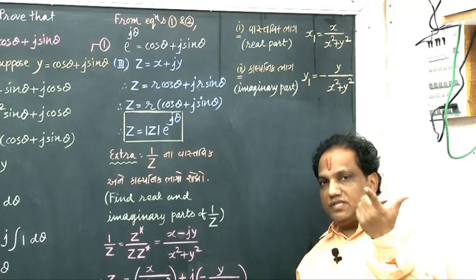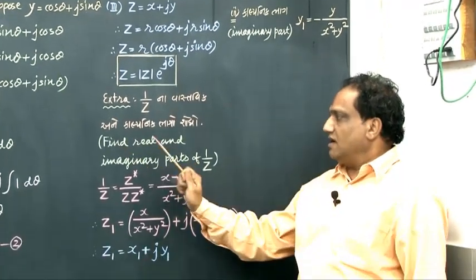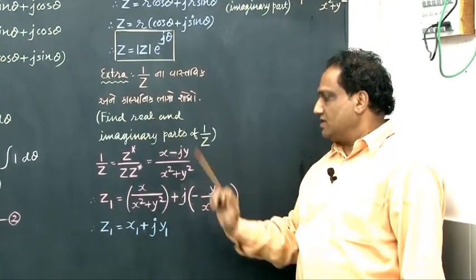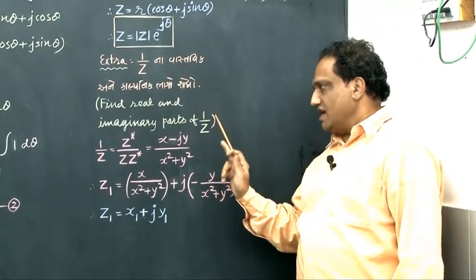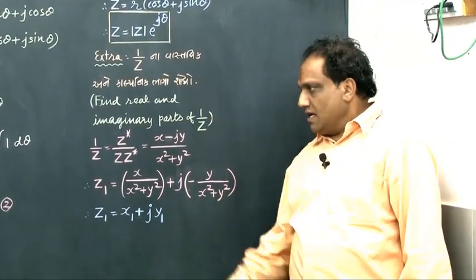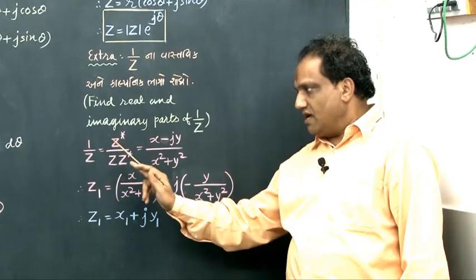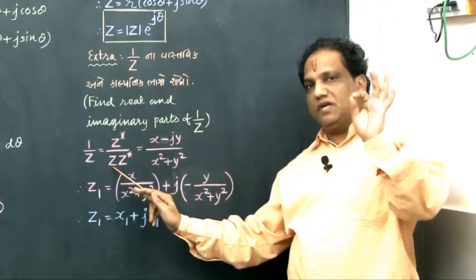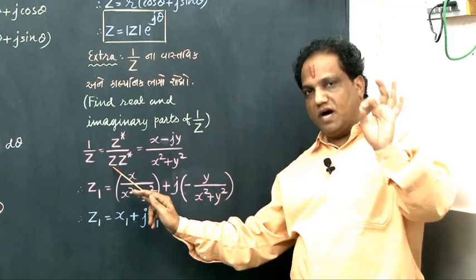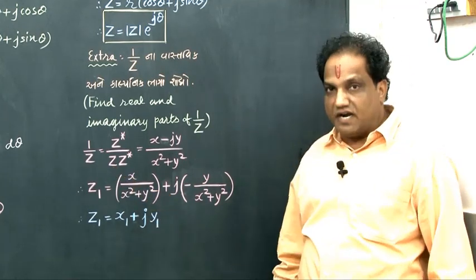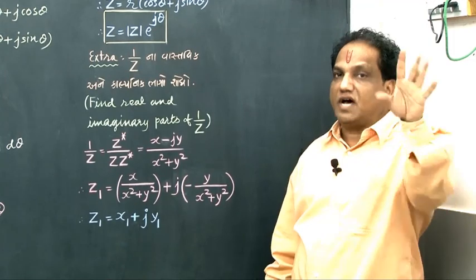And now a little example. Find real and imaginary parts of 1 upon z. Let us start with 1 upon z. Just multiply numerator and denominator by the complex conjugate of z, that is, multiply by z star.